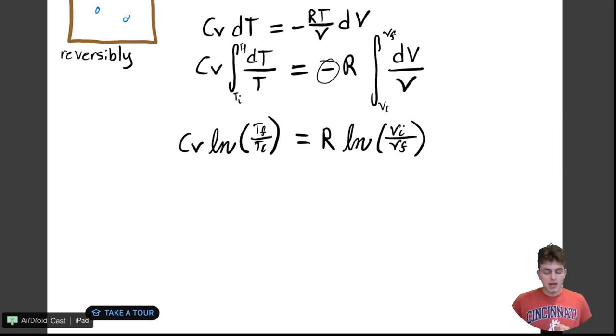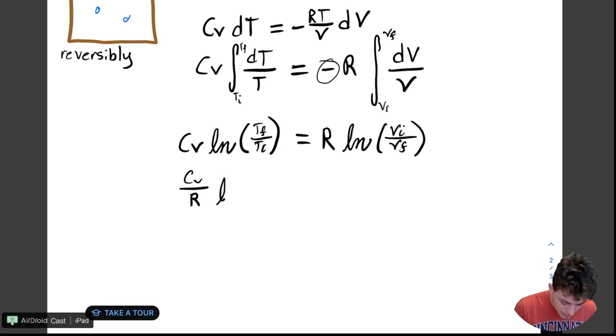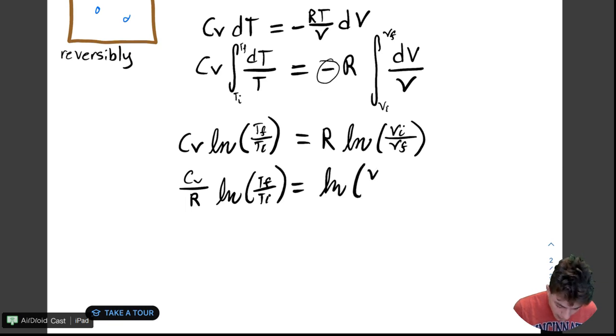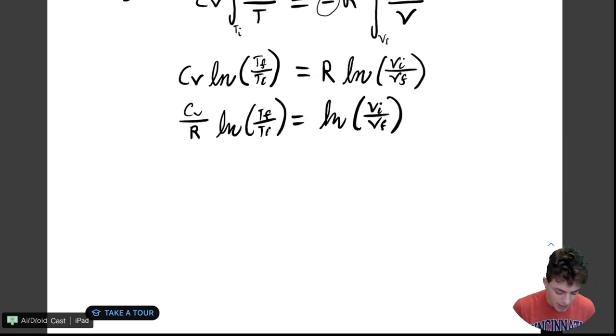With this relationship then, if we want to simplify it a little bit, I suppose we could divide both sides by R. And finally, we can then raise both sides to the power e in order to remove our natural logs here.